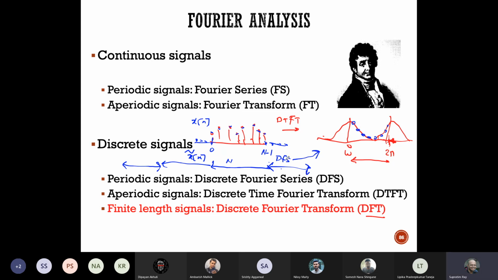So the discrete Fourier series of this is just the samples of the original DTFT at 2 pi by n times k, where k goes from 0 to n minus 1.